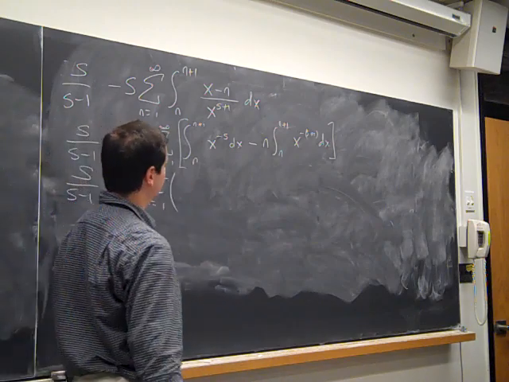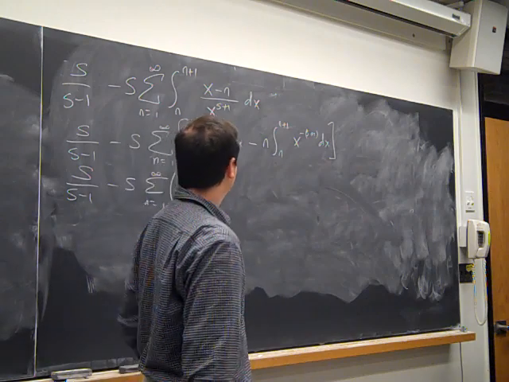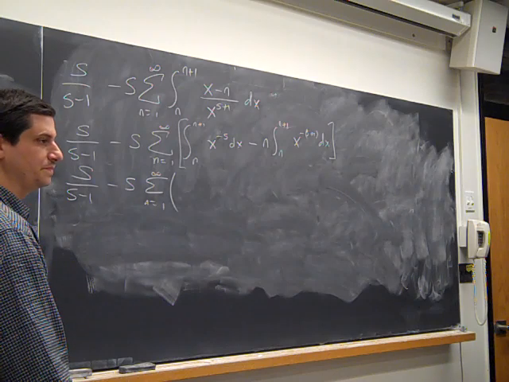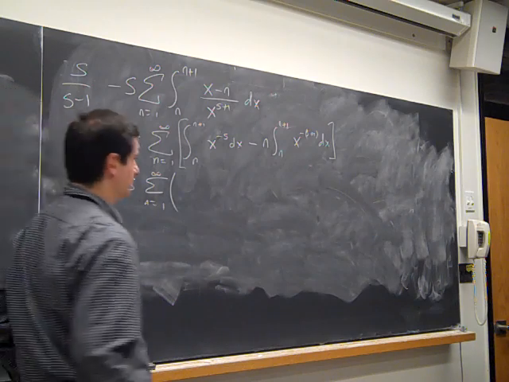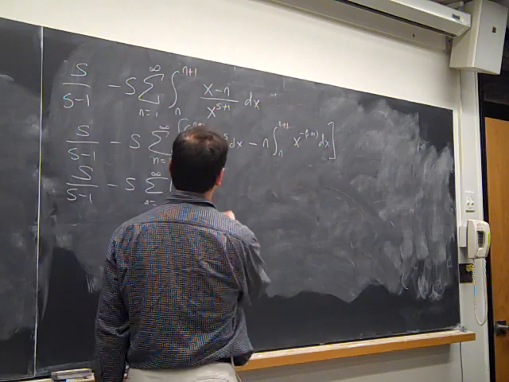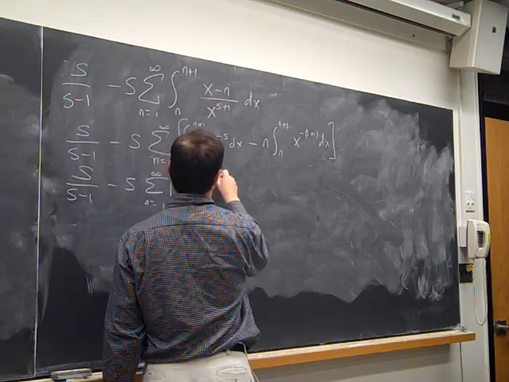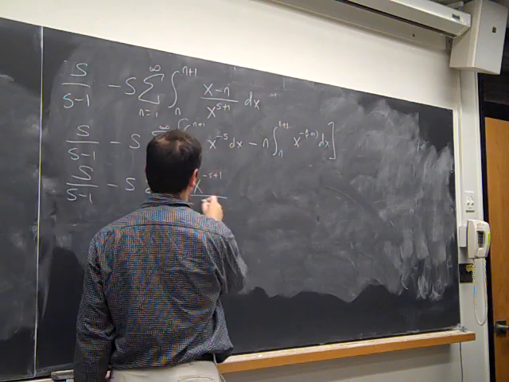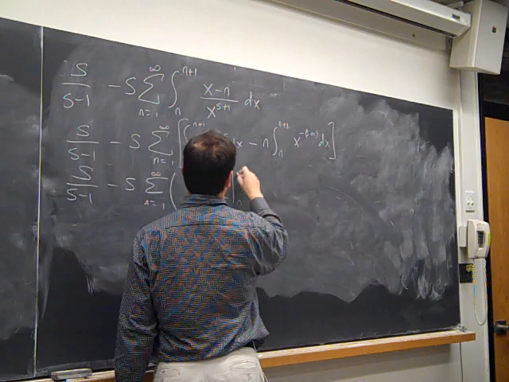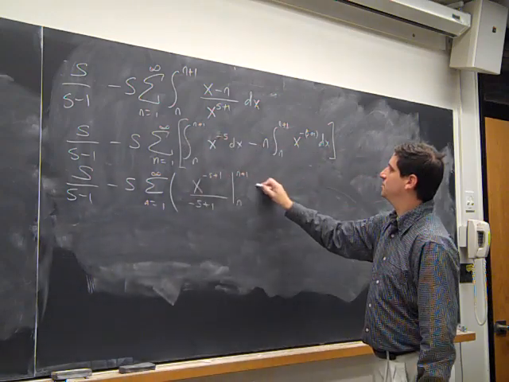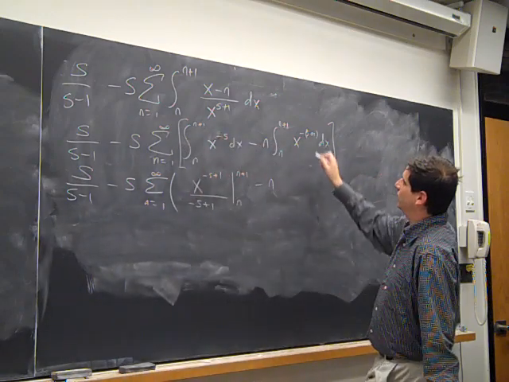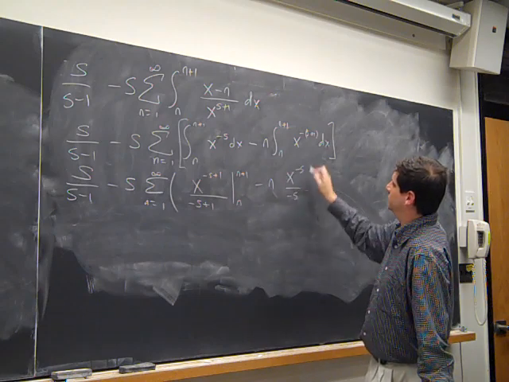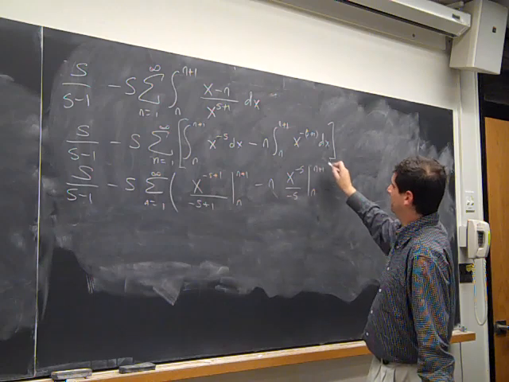Now let's look and see what we get. If I integrate x to the minus s, what do I get when I integrate? Okay, so I get x to the minus s plus 1 over, I evaluated at n and n plus 1, and now I subtract n times, and now when I evaluate this, I get x to the negative s over negative s at n and n plus 1.